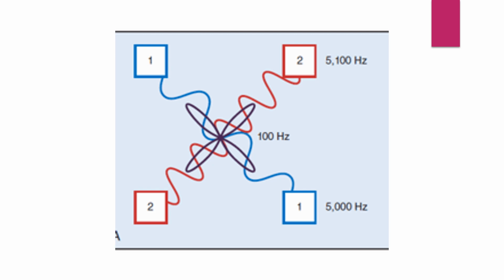You can see that those currents are going to cross at a certain point or intersect with each other. They're going to interfere with each other, which is what creates this low frequency type sensation in the tissues of 100 hertz.